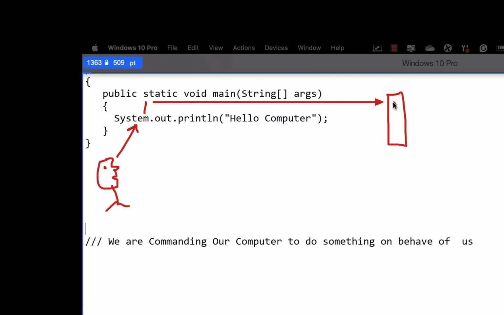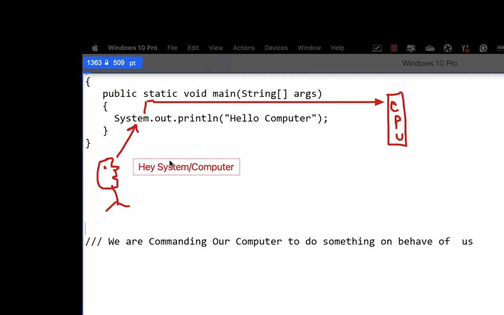So this is your CPU, the computer machine. Think like you are ordering your computer and telling it the word System. So, hey System. Hey System means you are requesting, ordering or commanding your computer.